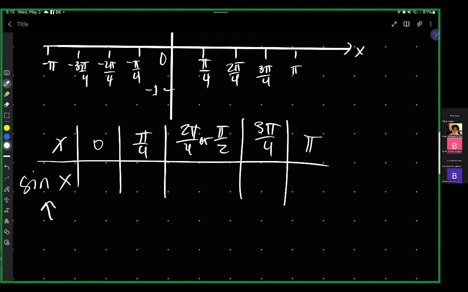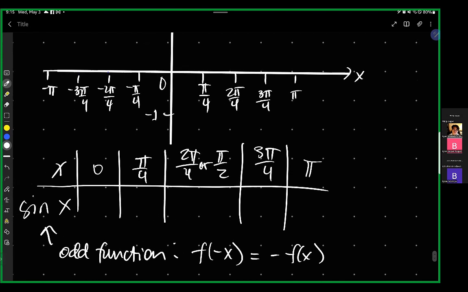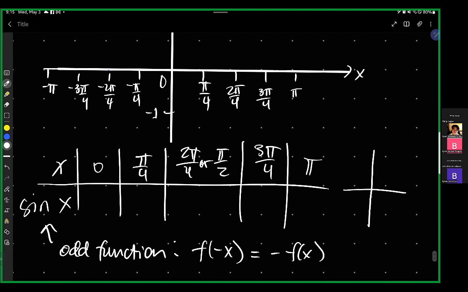As before, f of x, sine of x, is an odd function. The meaning of an odd function is that when we take a negative value of x, it's just the negative of the value at the positive x. So what's the value of sine of x at 0? Remember, when we're considering trigonometric functions, we're considering the unit circle.